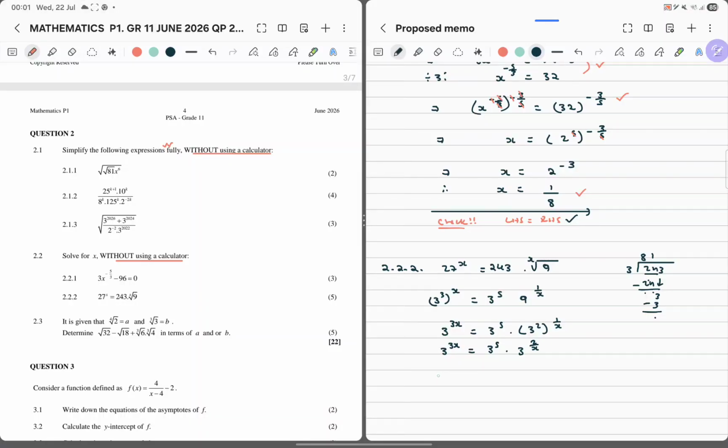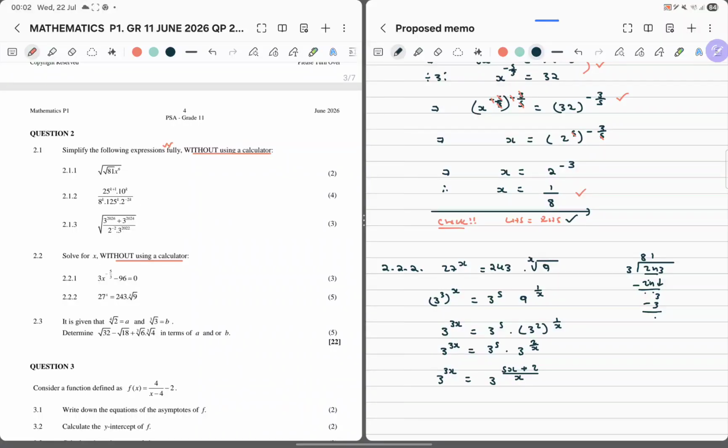Again, laws of exponents are still in the house. Now, multiplying powers with the same base, we add the exponents. So this is going to be 3 to the 5 plus this, it's going to give us 5x plus 2 all over x.